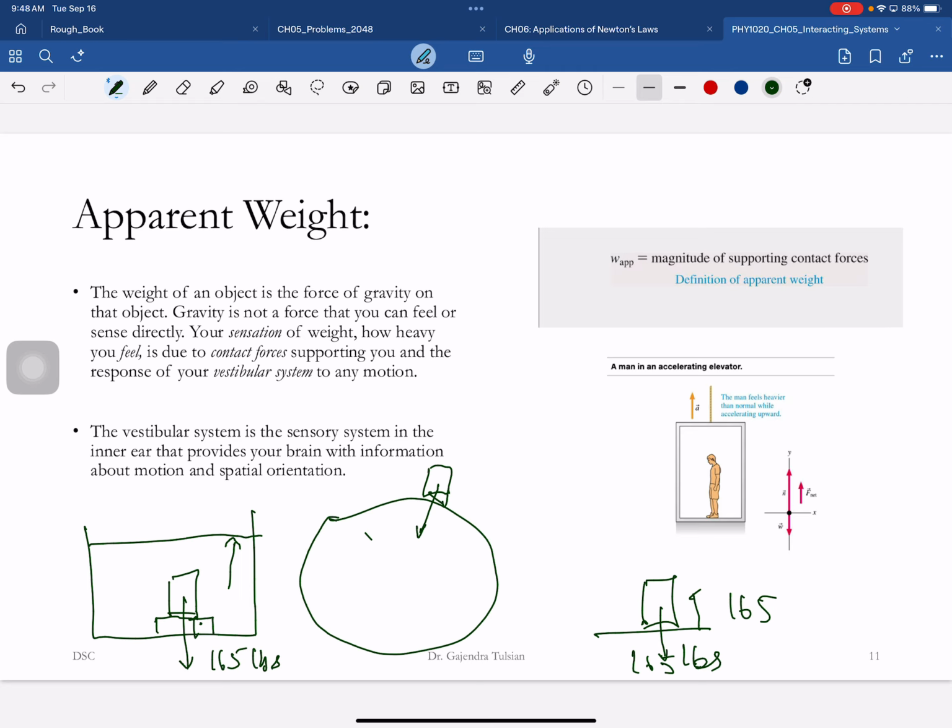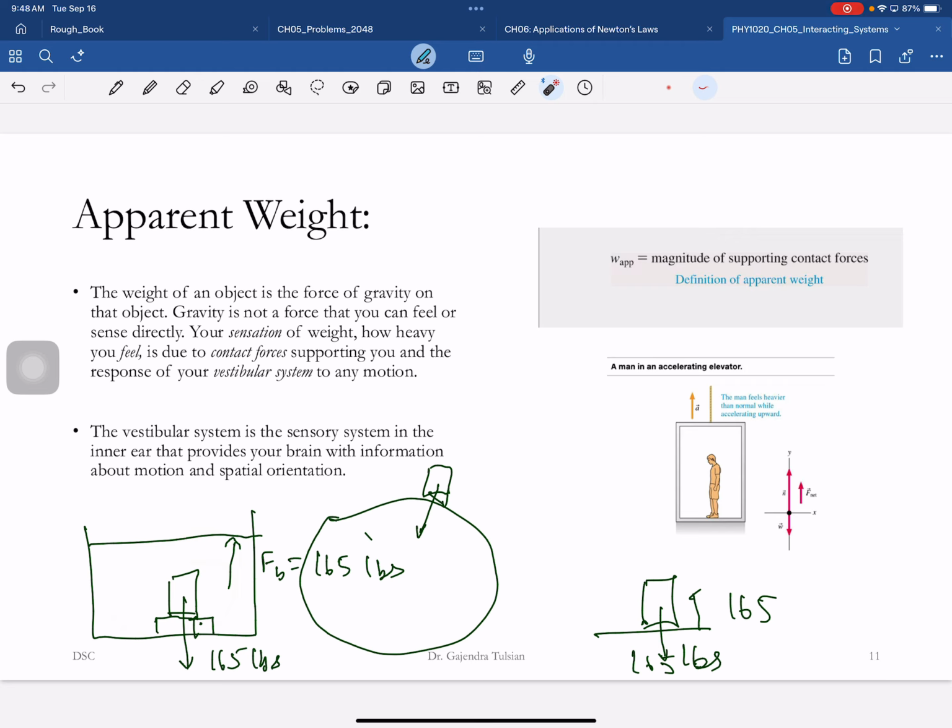Our density is roughly the same as the density of water. And the buoyant force is roughly 165 pounds. So this force is canceling this force. Now the scale doesn't have to push me anymore. Your apparent weight underwater is 0. So you're weightless underwater.